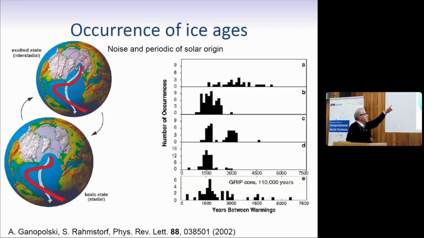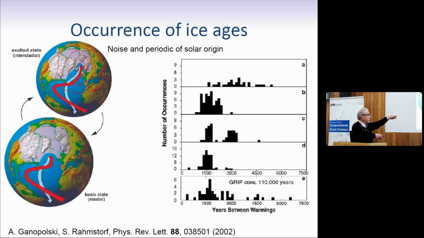He finds that if he has only noise in his climate models, with very weak noise, he gets these curves. But if he adds a weak signal, he finds peaks which repeatedly go between 1,500, 3,000, 4,500, and then 6,000.